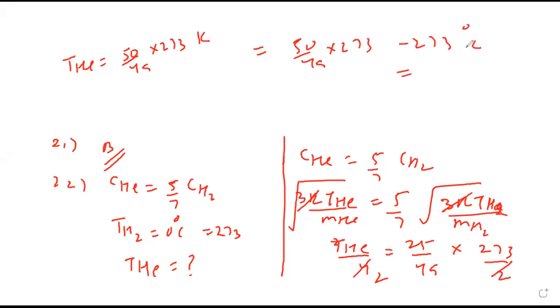Is it option D? Yes, correct. Because they want about, means close to what? It is close to 5 degrees Celsius.